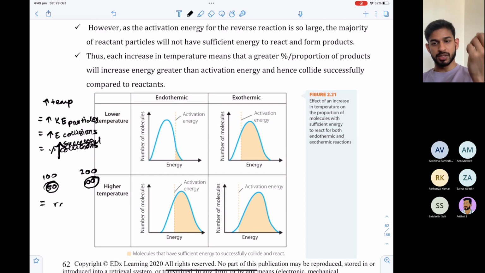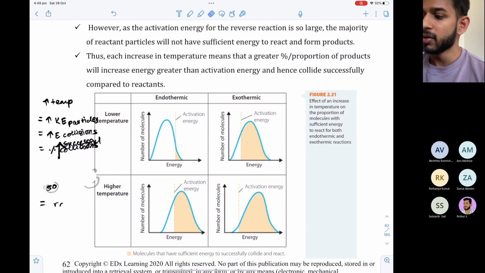But did you see we did not change the percentage of collisions that are successful? It stays at 50%. The one thing that affects the percentage of total collisions that are successful is energy or temperature, which is going to increase the kinetic energy of the particles, right? So only for temperature do we say this specific point, that the percentage of successful collisions will increase.